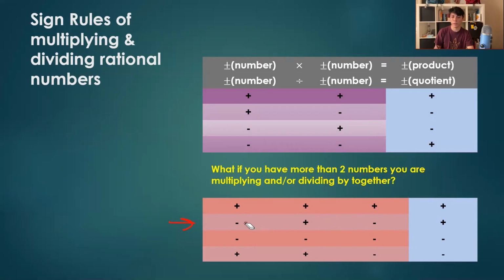So whenever you have an even amount of negatives in your equation, you get a positive. But if you have an odd number of negatives in your equation, you get a negative. So here we have 3 negatives in our equation. It can either be multiplication or division.